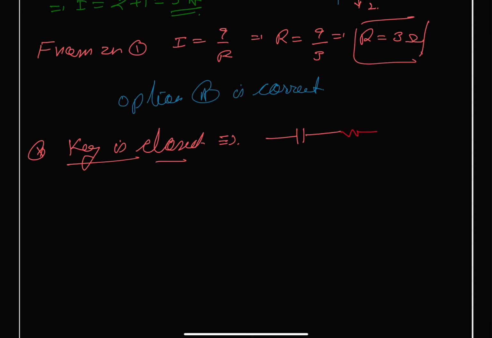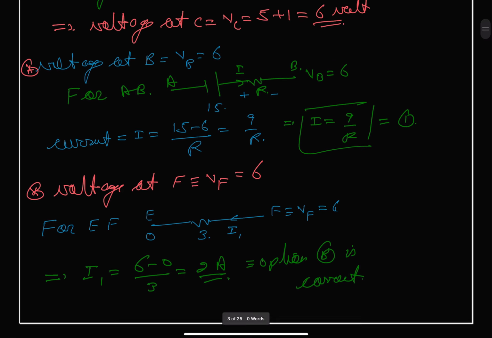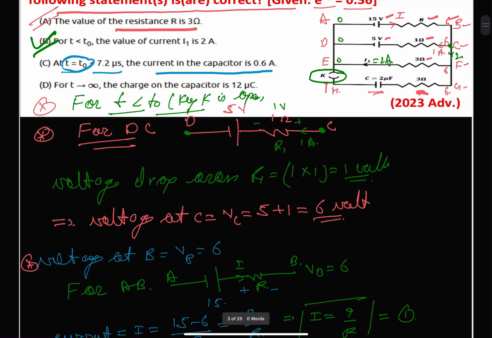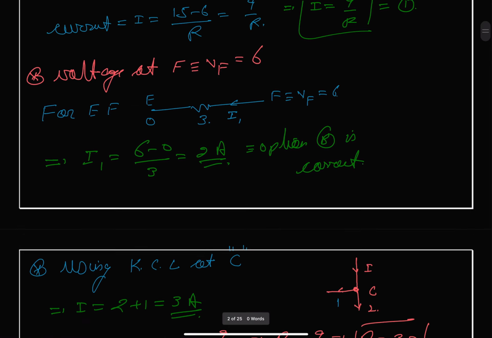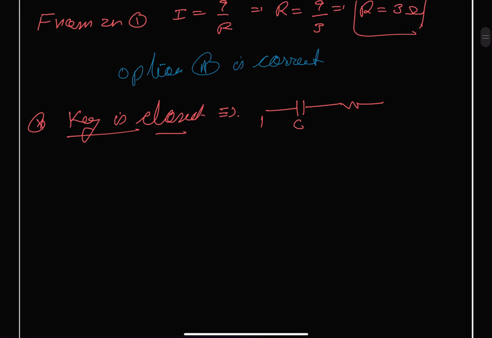This is a capacitor, and we have a resistance of 3 ohm, and it is called HG. So this is H and this is G, and this we know our VG is equal to 6 volts, and the value of the resistance is our 3 ohm. Capacitor is 2 microfarad, and now the circuit is complete because key is closed.